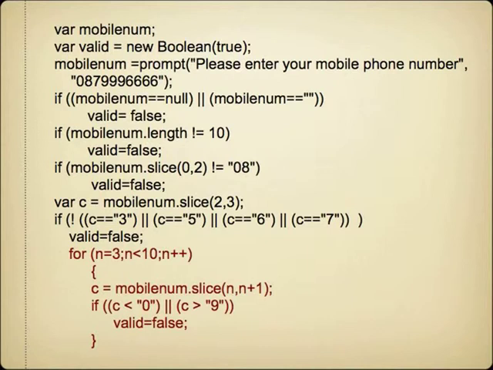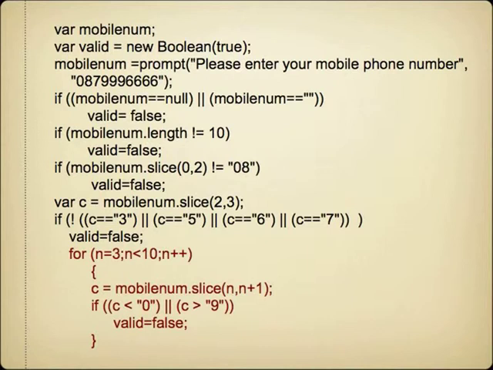Now the next portion of the code is going to do something that we could have considered doing much earlier, and that is it's going to check that every single character in the string is in fact a digit. So far we've established that it's 083, 085, 086 or 087 to start, and we know it's 10 characters long, but we don't know that the last 7 characters are actually digits.